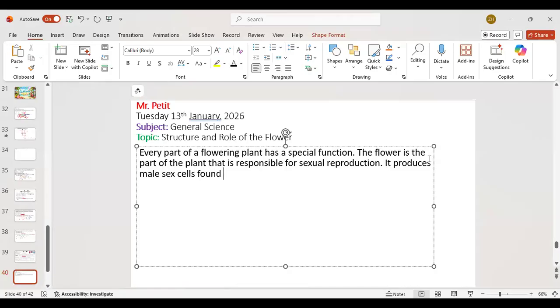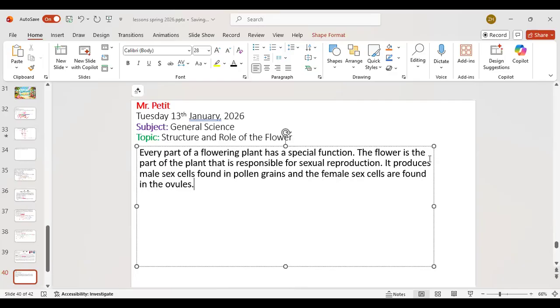And the male part, or the male reproductive part of the plant, is found in pollen grains, and the female cells are found in the ovules.